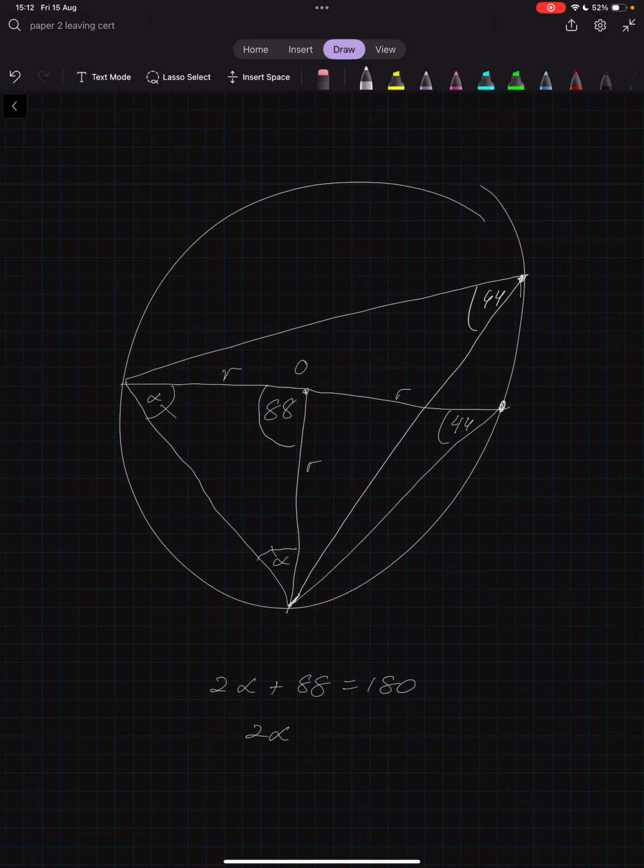So 2 alpha has to be equal to 96. So alpha has to be 46 degrees. This is very important when you're looking at circles. Remember radius, because they love to put a circle there, and then you'll have to remember, oh, those are both radii, and then that means it's isosceles. That's the thing they love to ask.